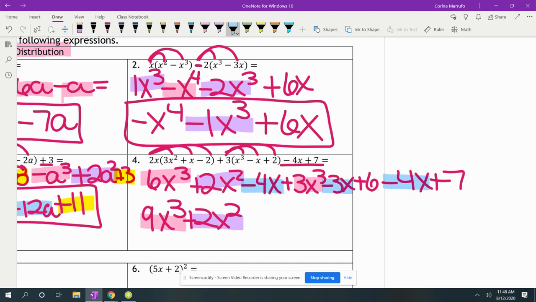So negative 4 plus a negative 3 plus another negative 4 is going to give us negative 11x. And then lastly, what we have left over here is a positive 6 and a positive 7. So together, 6 plus 7 gives us 13. So we're going to write plus 13.